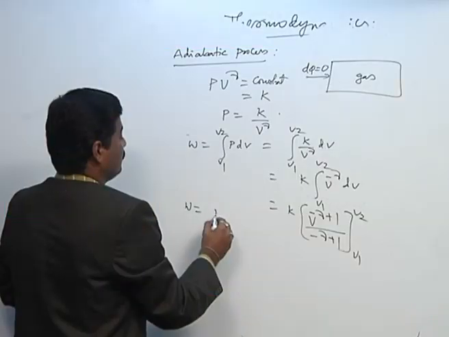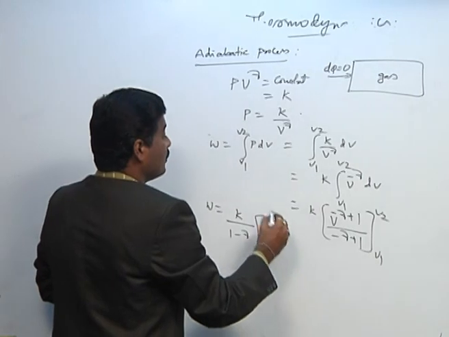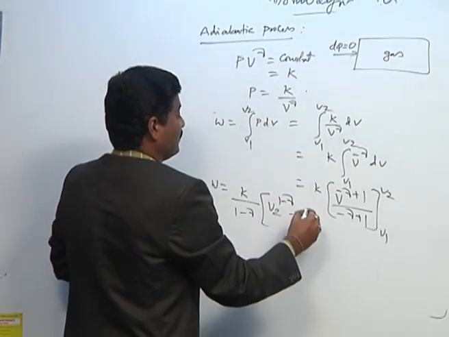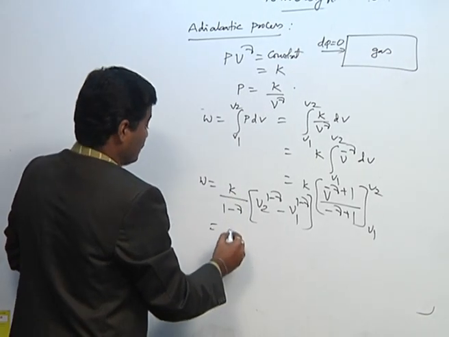So, work done is equal to k by 1 minus gamma into V2 to the power of 1 minus gamma minus V1 to the power of 1 minus gamma. Next, we take this k inside.